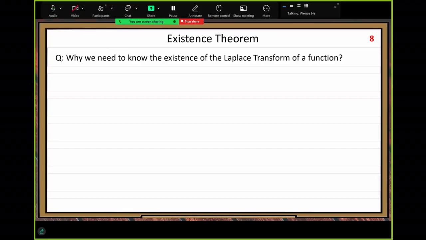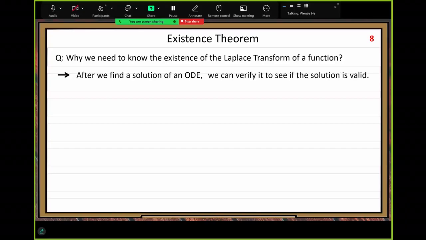I explain a little bit, but some people make an argument like this: given an ODE, they just want to apply the Laplace transform on it to find a solution. So they don't worry about the existence or not. Then how to avoid working on some garbage, right?